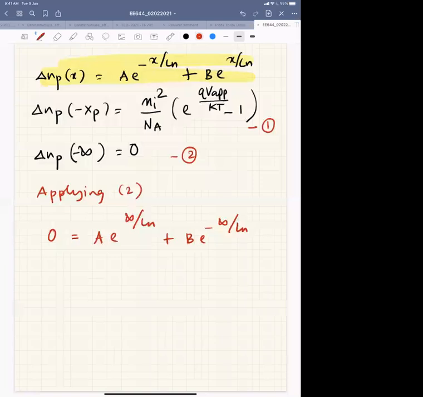A will be 0, right? So your delta np(x) will be B e to the power x by Ln, right?